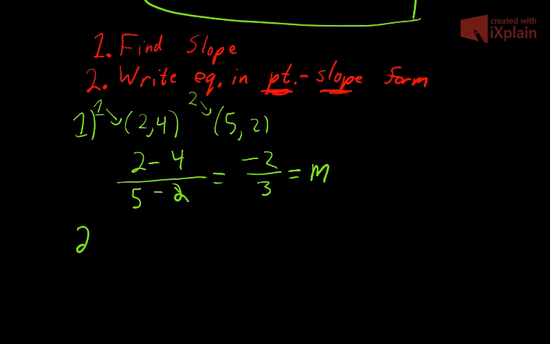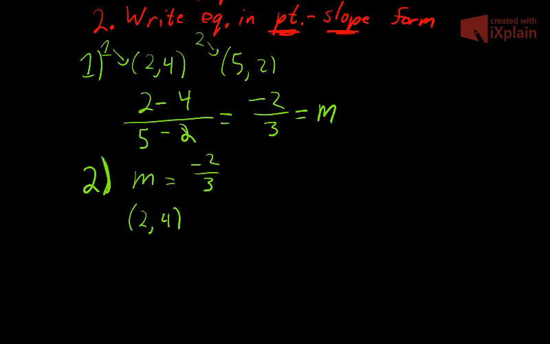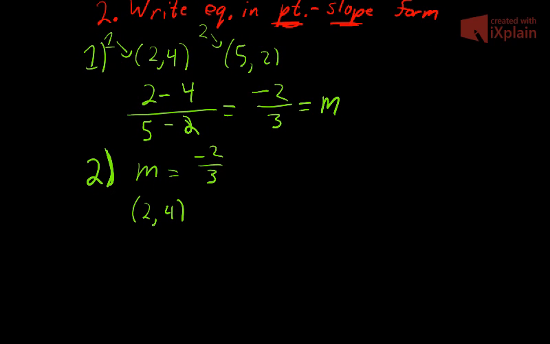What we have to do next is write our equation in point-slope form. We have our slope, negative 2 over 3, and our point, 2, 4. Now we have to wonder what point-slope form is. It's going to be y minus 4 equals negative 2/3 times x minus 2, with that in parentheses.